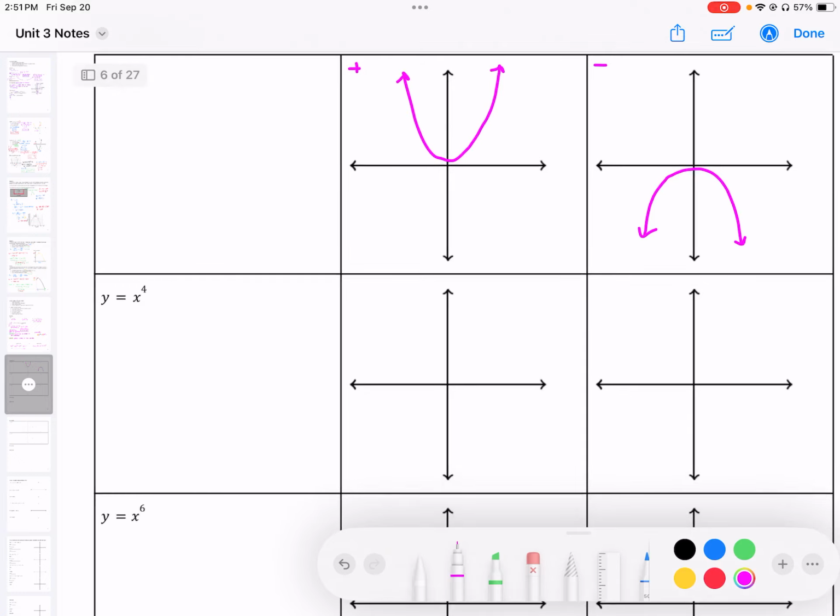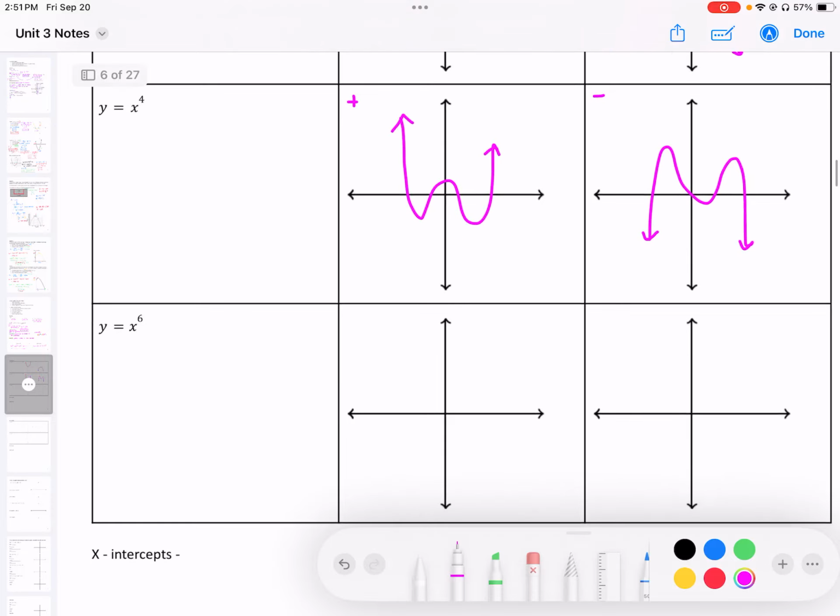If it is a power of 4, it tends to look like a W or an M, depending if it's positive or negative. And if it's a power of 6, if it's positive, it'll look something like this or something like this.